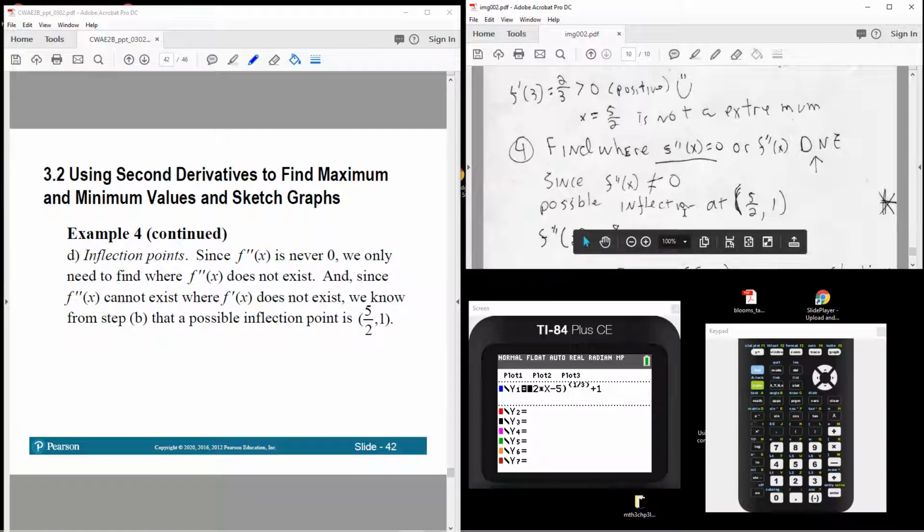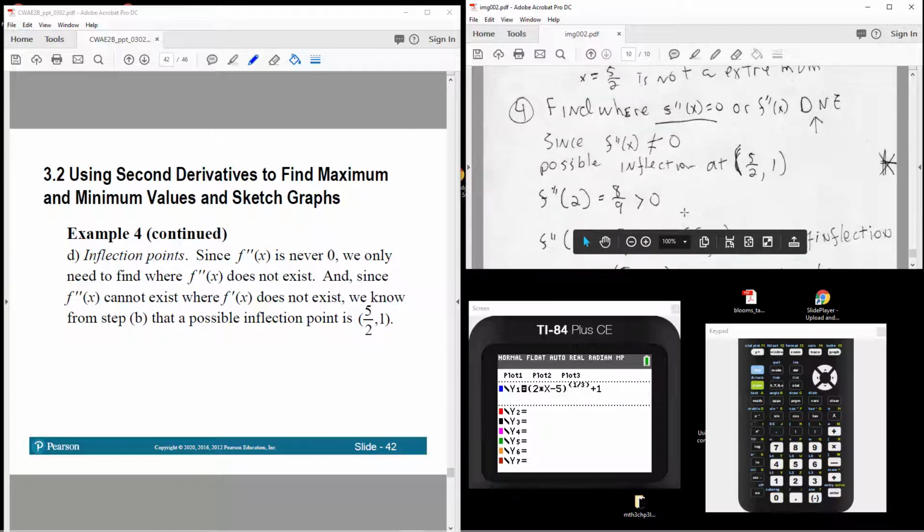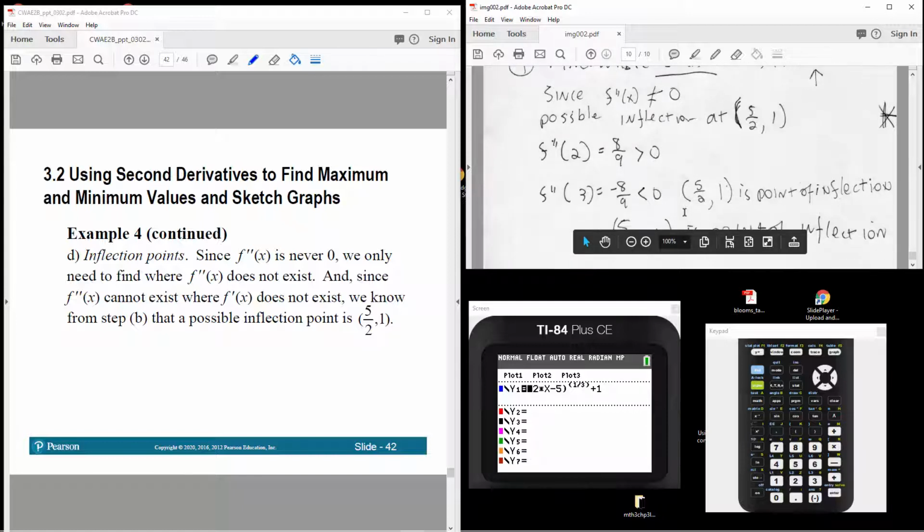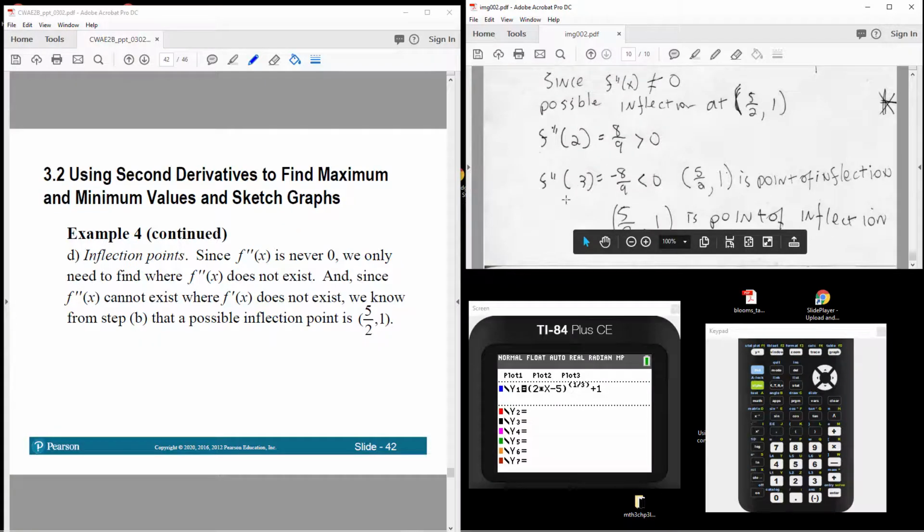Inflection point at 5 halves, 1. So we found our points of inflection here.